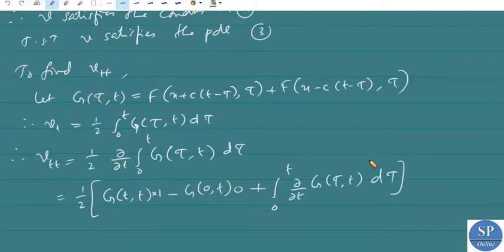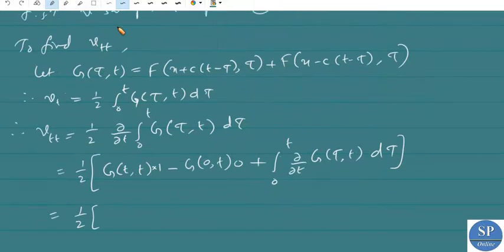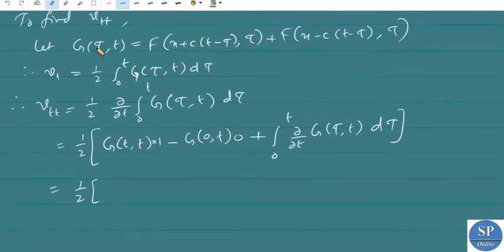Now this is equal to 1/2 times G(t, t). G is this, so G(t, t) is nothing but, replacing τ by t, f(x + c(t − t), t), that is t minus t is 0, so this is f(x, t), replacing τ by t, plus f(x, t) again, because when we replace τ by t, this is 0 and this is t, so f(x, t).